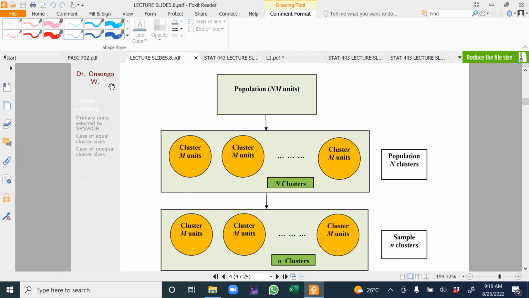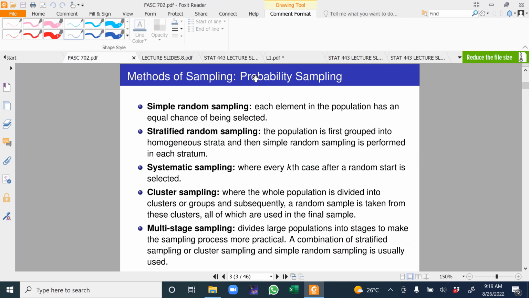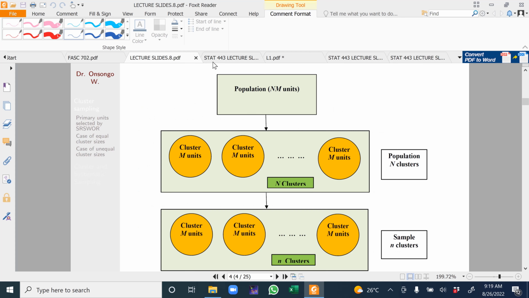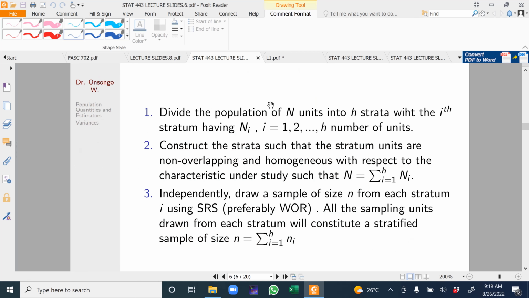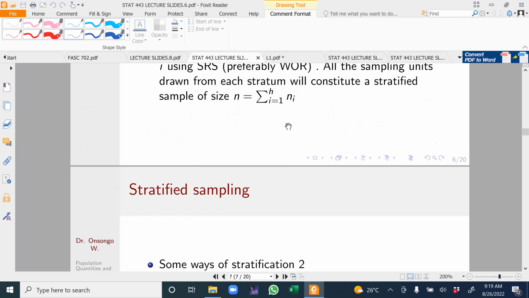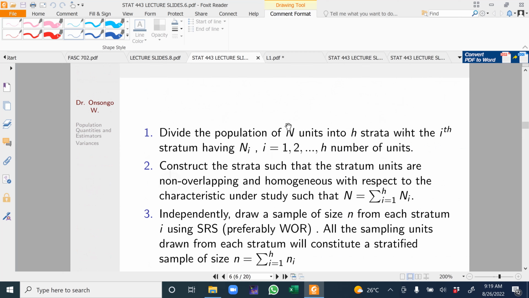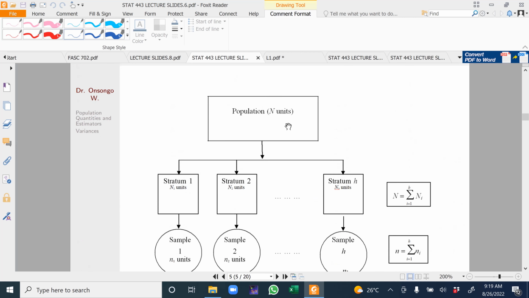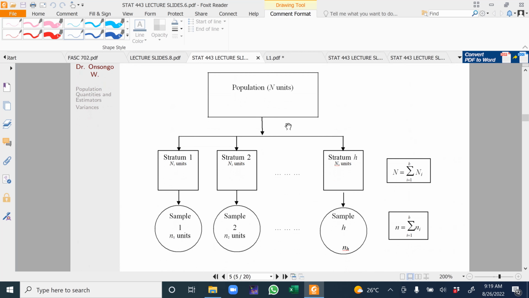But for stratified sampling, once you have your strata, your subgroups, you draw a sample.